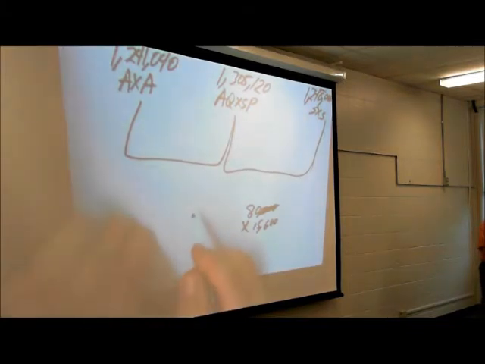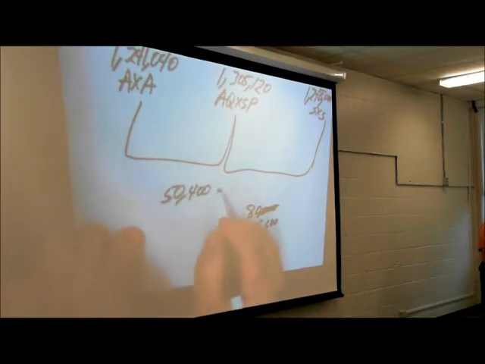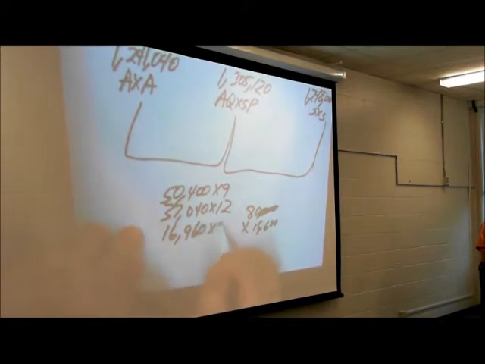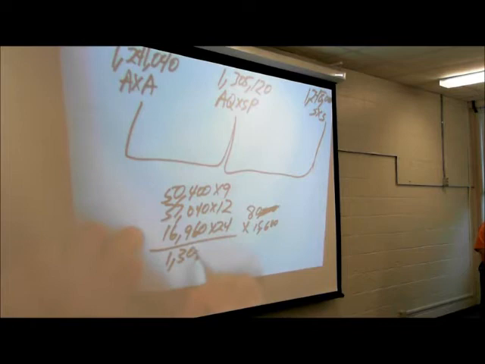Again, what you would do is take the 50,400 times 9, and then 37,040 times 12, and then 16,960 times 24. If you add all that up, 1,305,120. Okay?